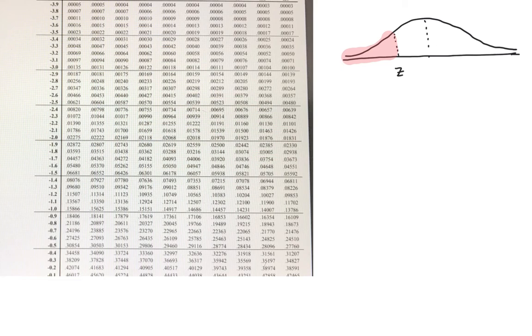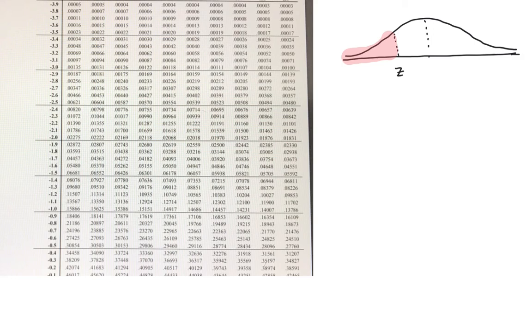So if we were to find the area to the left of a certain z-score, in our case negative 1.5, which will give us the probability of picking an element here that has a z-score of negative 1.5 or less, we simply have to look it up in our table. Now, how the table works is along the columns you have the ones and the tenths digit, and along the row you have the hundredths digit.